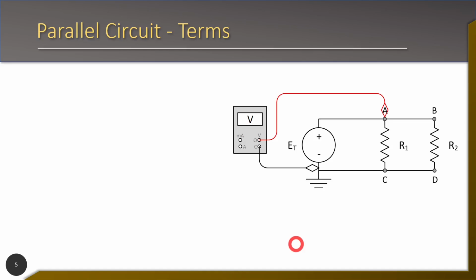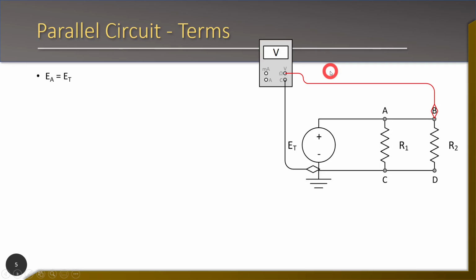So just proving this out, if I take a meter and I put one end on the negative of the battery and the other end at point A, the top of resistor 1, I am going to measure whatever my total voltage is, because you can see here that that would be the same as just putting the meter across my power source. Now, if I take that meter away and I move it over here to the beginning of resistor 2, or point B, we will see that we still are connected to the same point at the top of the battery.